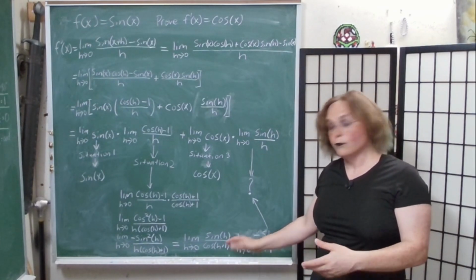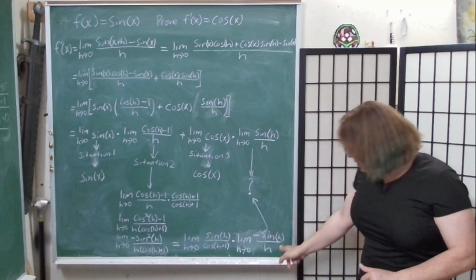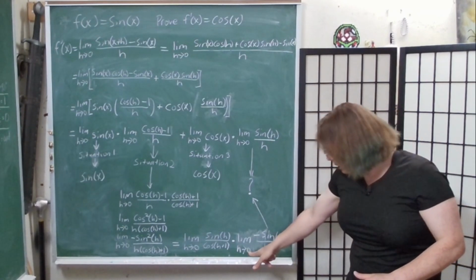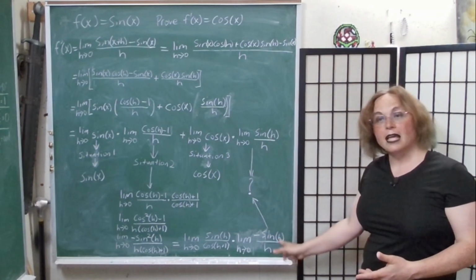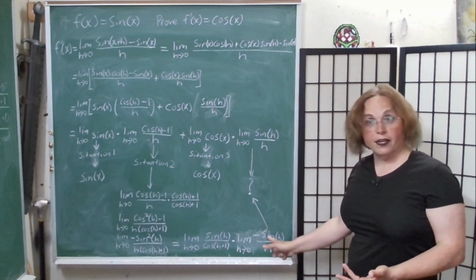So that's 0 over 2. That's 0. And then this is negative sine h over, oh, h is approaching 0, 0. But if this exists, then I've got 0 times something.